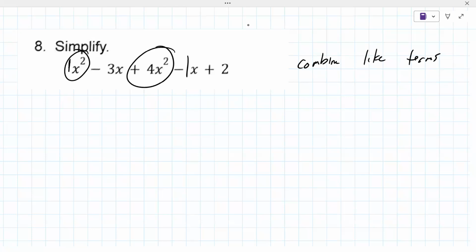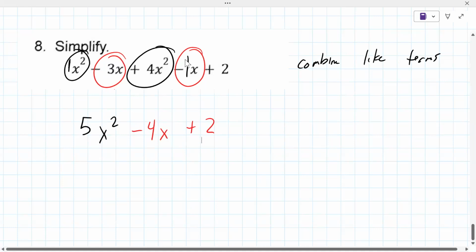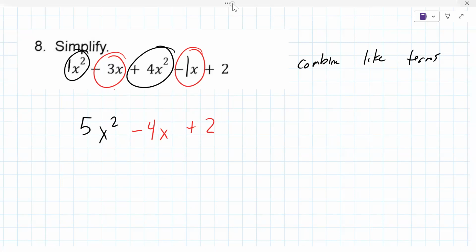So 5x squared minus 3x minus 1x. They're both negative, so minus 4x. We're going to do another one like this in a moment.